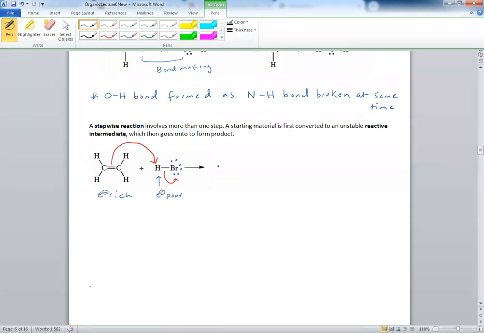So then you have something like this in the middle. And let's say we added the H to this C right there. It doesn't matter as of right now where you add it, whether you add this H to this C or that C. Don't add it in the middle. There's no such thing. But let's say we added it right there.